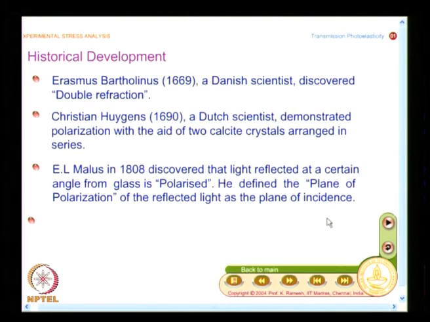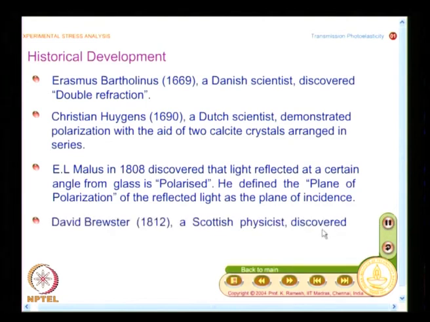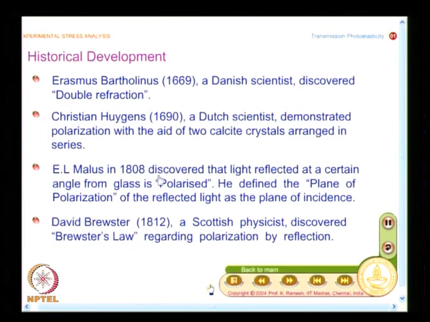That is a definition he used, and it was Brewster who developed Brewster's law. So, what you find is that double refraction is crucial, that is how crystals behave, and even for this understanding it took almost 150 years. It is not so simple.